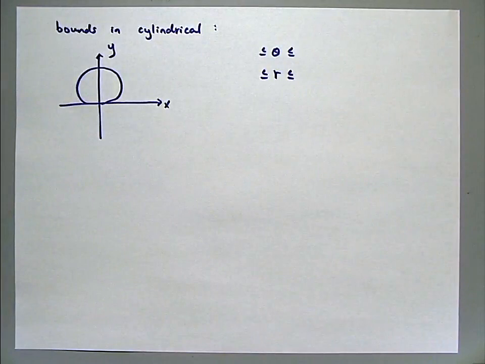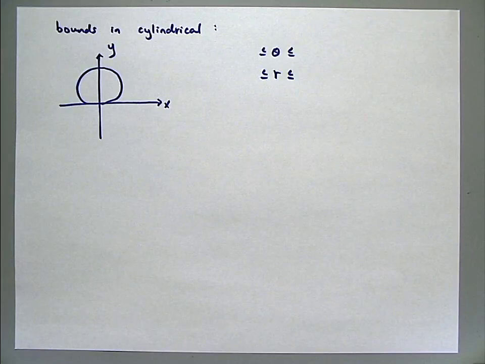Theta is always the simple set of bounds to set up. And in this case, what would my theta bounds be? We want everything in this circle, right?